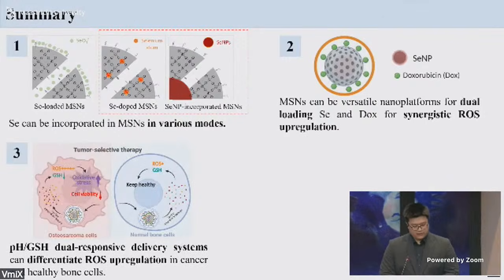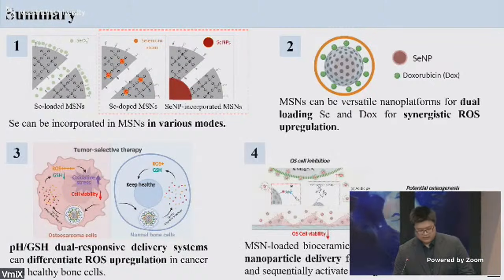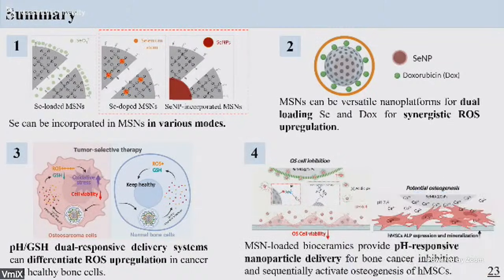And number 3, the pH and glutathione dose-responsive delivery system can improve the selective cancer inhibition of MSN by differentiating the ROS upregulation in cancer cells and healthy bone cells. And number 4, the MSN-loaded bioceramic granules can provide pH-responsive nanoparticle delivery for bone cancer inhibition and sequentially activate the osteogenic process of HMSC, demonstrating the potential of bifunctional granules for bone tumor treatments.